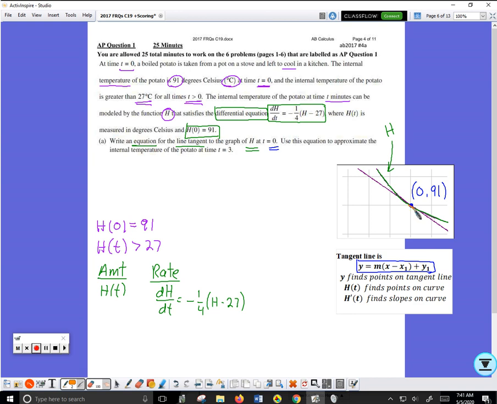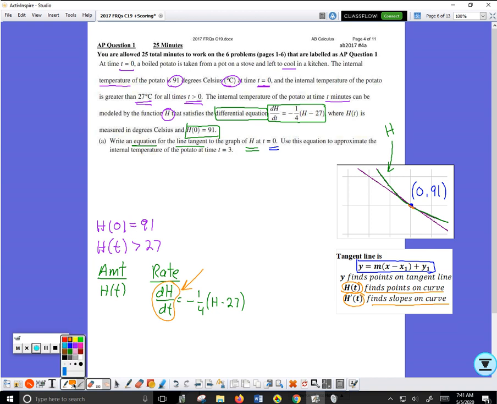That's what this is for, to find the slope anywhere on h, just like this says right here. H finds all the points on the curve, h prime finds all the slopes on the curve. This equation is essentially h prime.